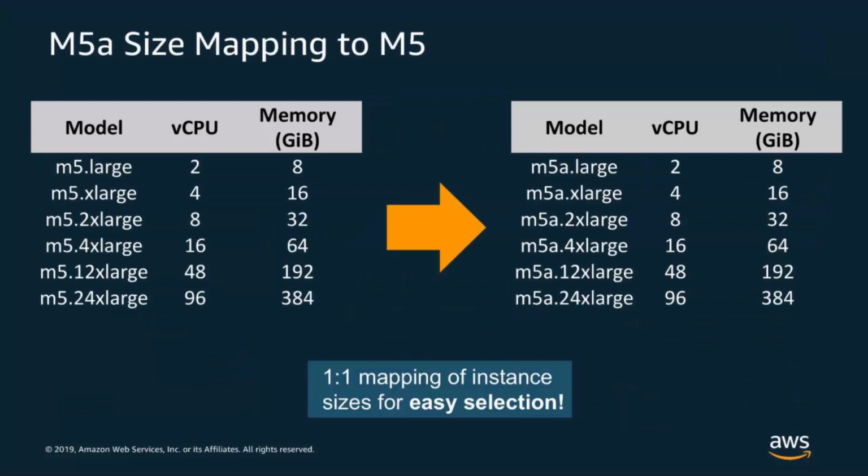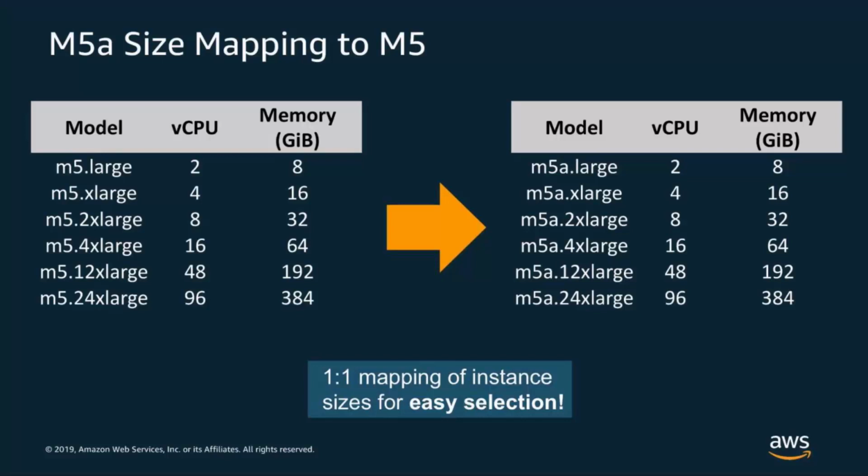Another key point I wanted to emphasize is the size mapping. When I mentioned earlier that we offer the same virtualized size, what that means is for every model, in this case from M5 large, extra large, 2x large, all the way to 24 extra large, between the AMD version and the Intel Scalable version, you're going to have the same number of vCPUs and memory.